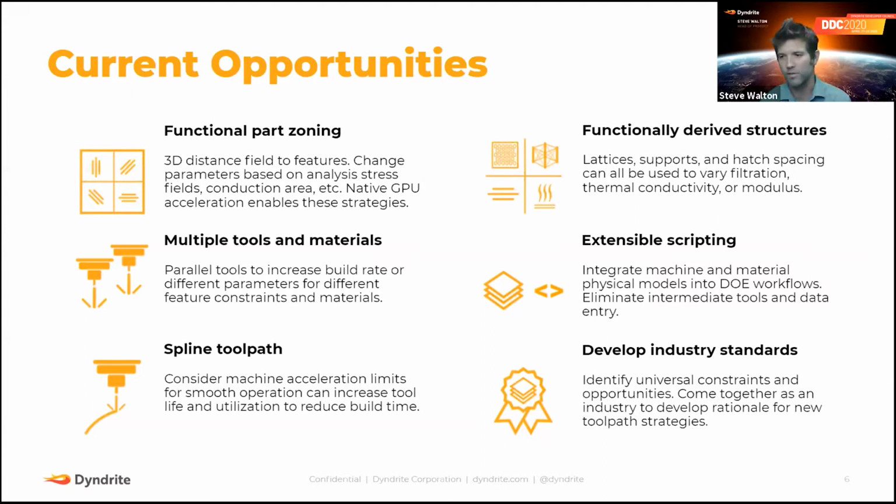And then also, as we've alluded to several times today in this conversation, is the development of industry standards. Let's work to identify universal constraints and opportunities, and then come together to develop good rationale for the types of toolpath that we're interested in implementing to help guide some of the qualification efforts.